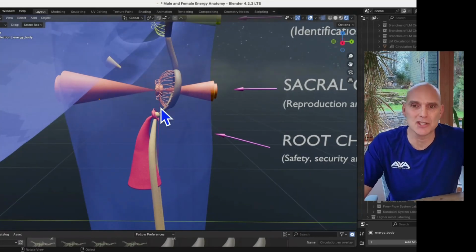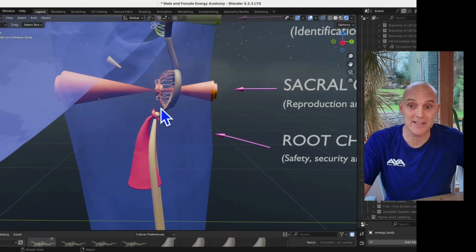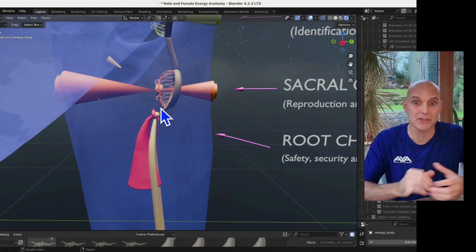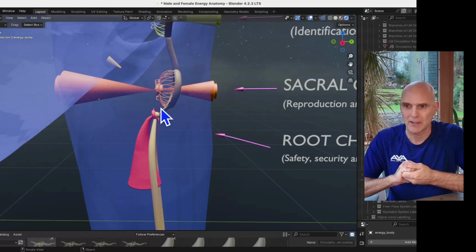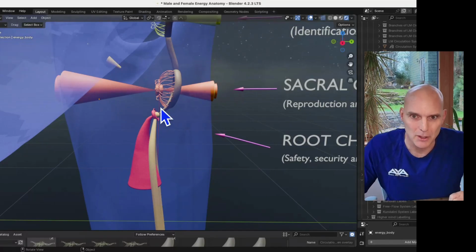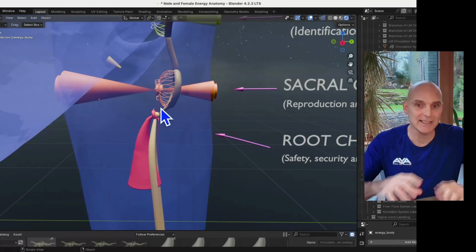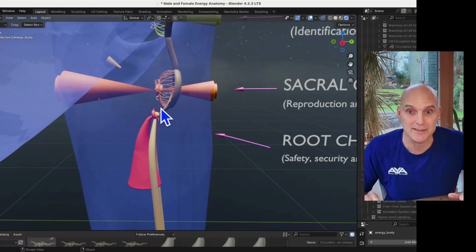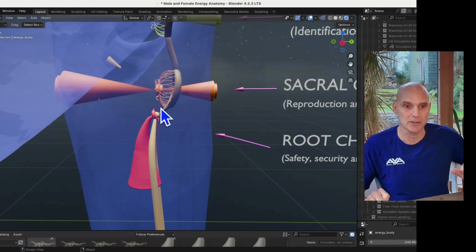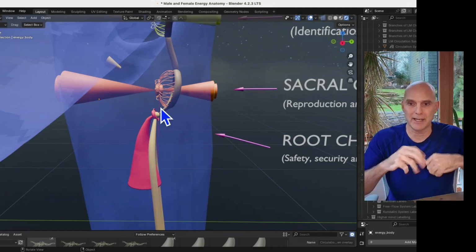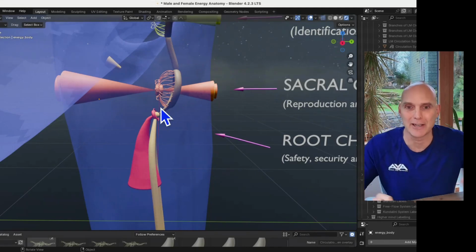golden energy is used as a carrier system all the way around the energy body. What do I mean by carrier system? Well, think of blood as an analogy here. Blood carries stuff around the body, doesn't it? Delivers nutrients and oxygen. And it's a mechanism for things to get around the body.